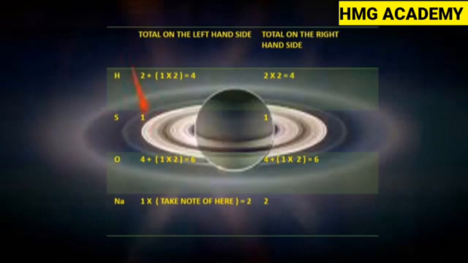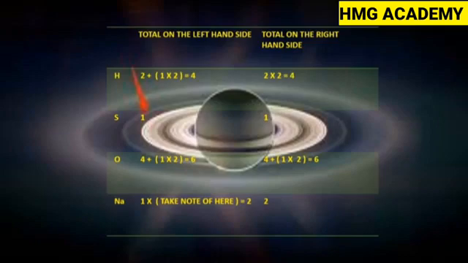So that oxygen has been multiplied by 2, meaning it will be 2 times 1, 2, plus that 4 from the H2SO4, that will give us 6 oxygens. On the right hand side, the oxygen from the H2O is also being multiplied by the 2 that is multiplying the H2. So oxygen will now become 2 times 1, 2, plus the 4 from the Na2SO4. That will also give us 6.